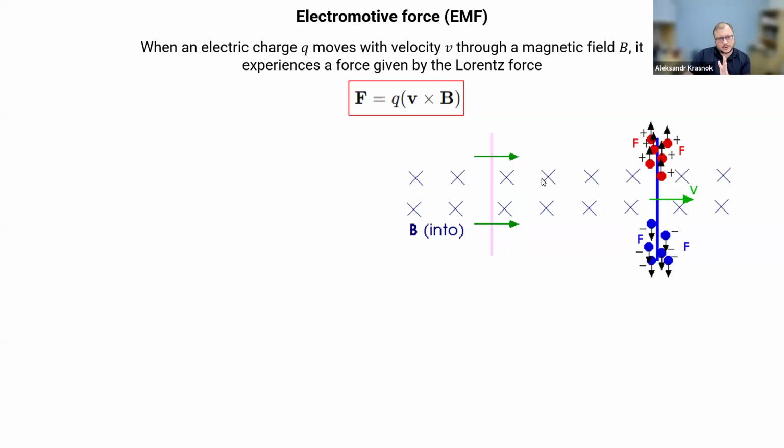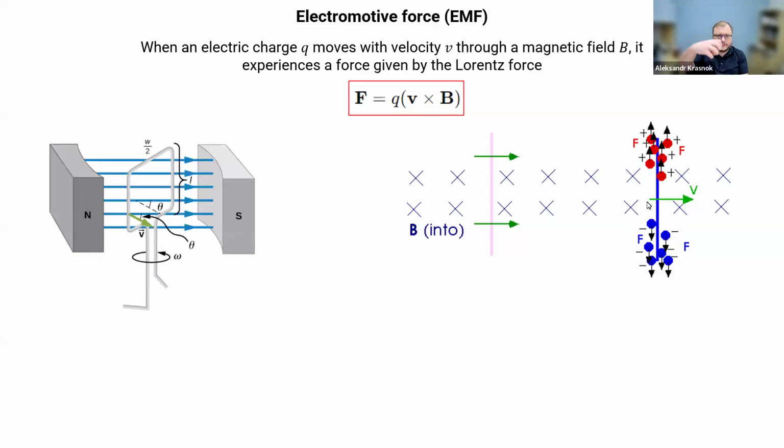This action leads to the Lorentz force, which acts on every single electron in this wire, leading to dividing of the charges, plus and minus charge. And this dividing of these two charges leads to the formation of electromotive force.